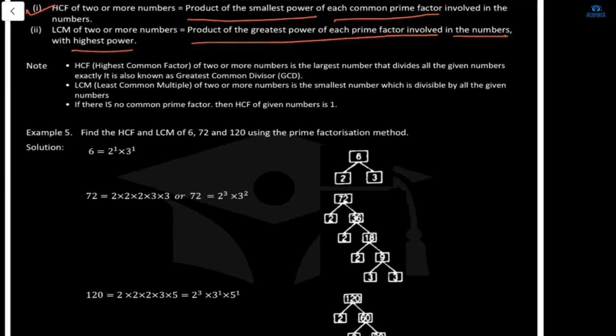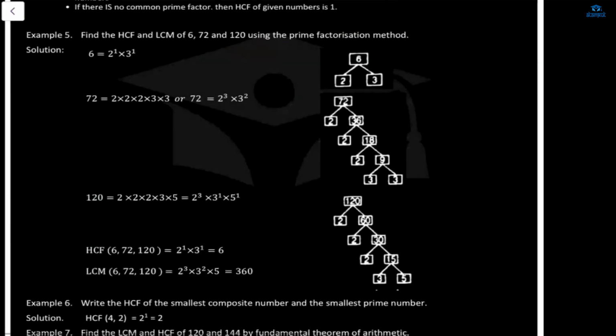Now let's see. Find the HCF and LCM of 6, 72, and 120. The prime factors of 6 are 2 and 3. 72 is 2 to the power 3 into 3 to the power 2. And 120 is 2 to the power 3, 3 to the power 1, and 5 to the power 1.